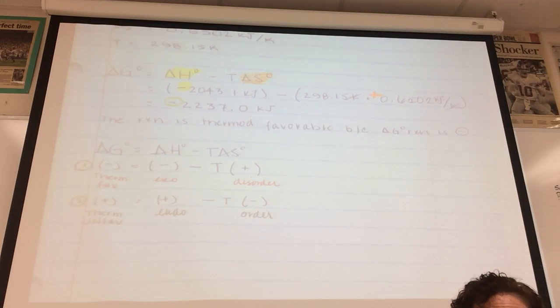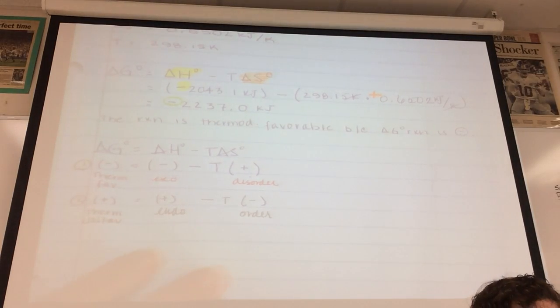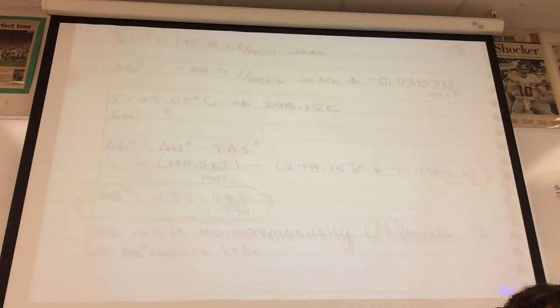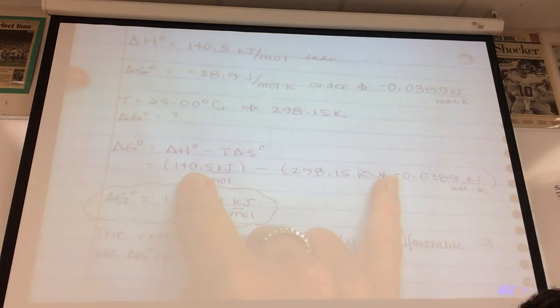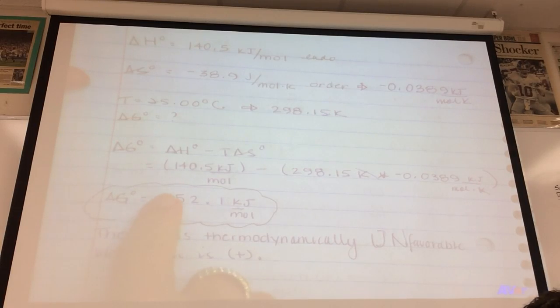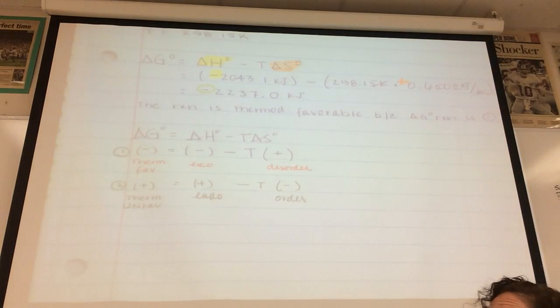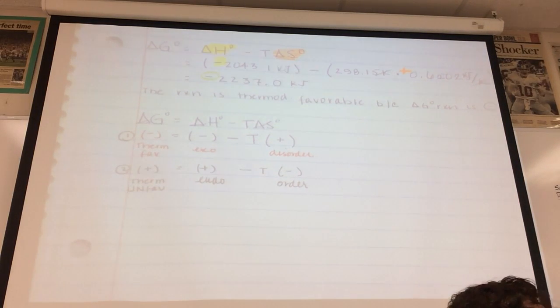And that's what you saw in the first example. In the first example here, we had an endothermic reaction that illustrated order. An endothermic reaction that illustrates order will always have a positive delta G and be thermodynamically unfavorable. And that's what you'll see in the first two rules.